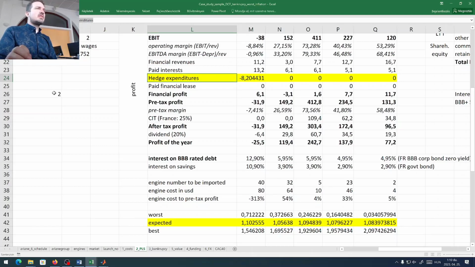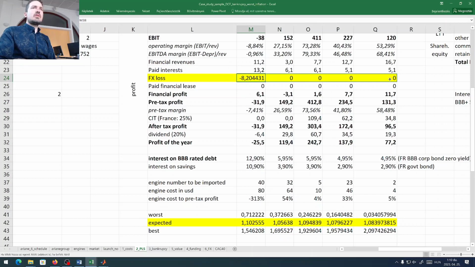And it will be not hedge expenditures anymore, it will be the foreign exchange loss without doing anything, because this is just how it's changing. So let's run this further.